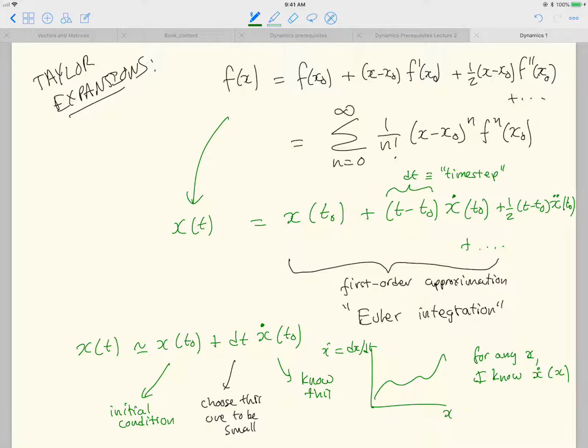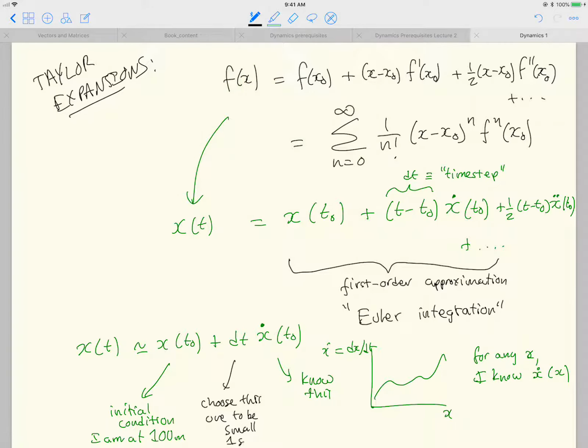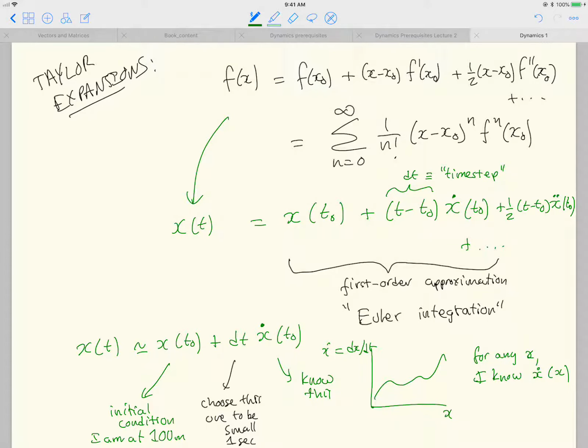So for example, this might mean that the initial condition was I am at meter 100, and we chose a dt that was 1 second, and we said we're moving at 1,000 meters per second.